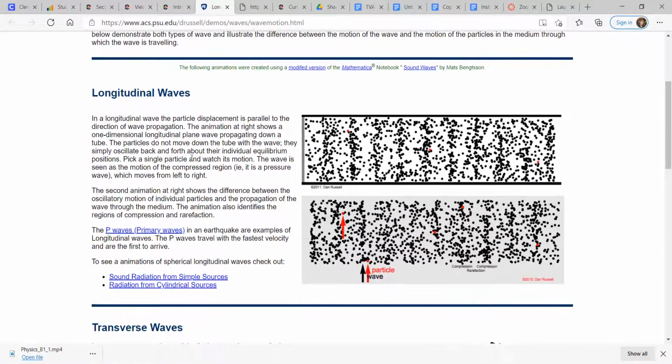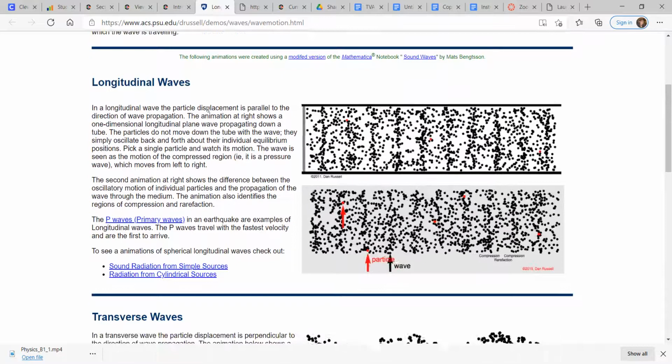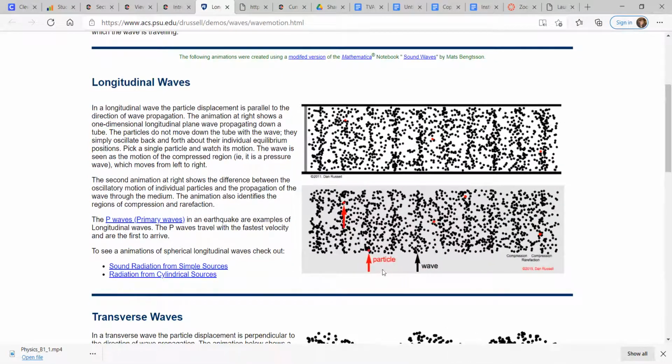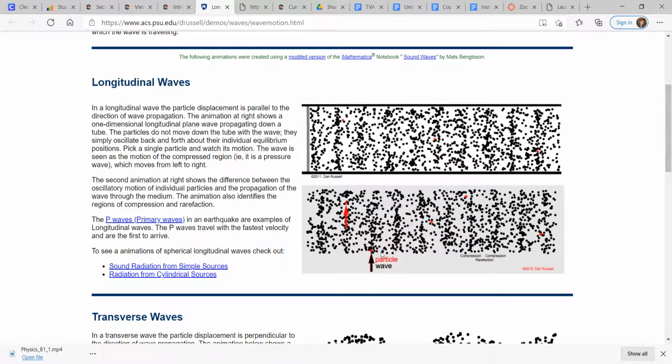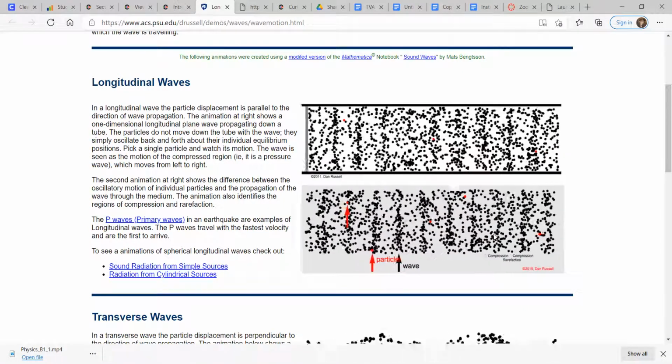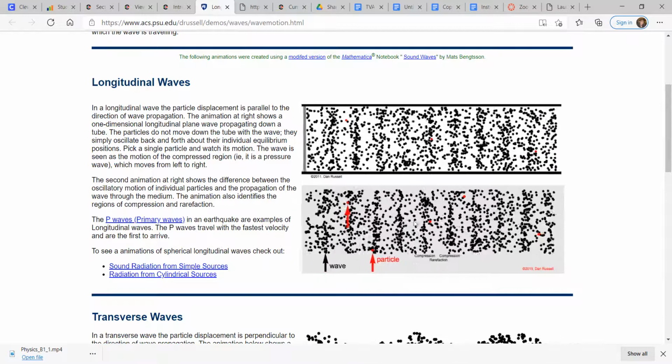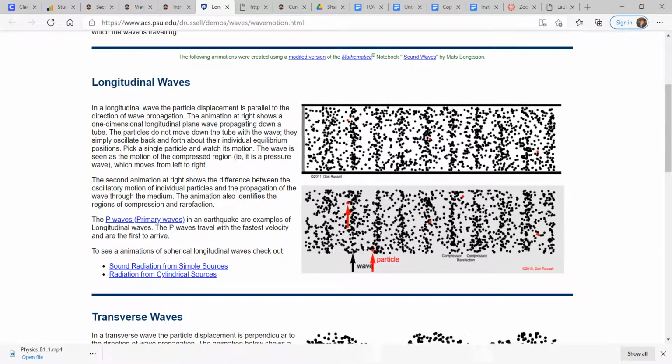The first one, here we go. Longitudinal. The particles are moving very slightly, but the wave is moving along. And you see these particles are moving back and forth in the same direction.